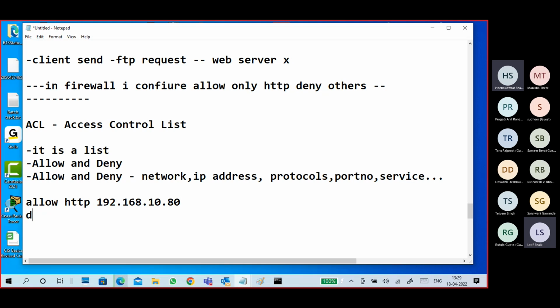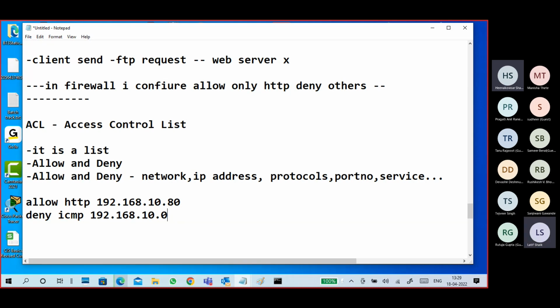I deny the ICMP protocol for pinging for the 192.168.10.0 network. So what will happen here? If I try to ping any host in the network 192.168.10.0, it will be declined, it will be denied.